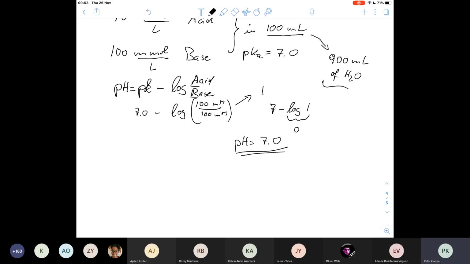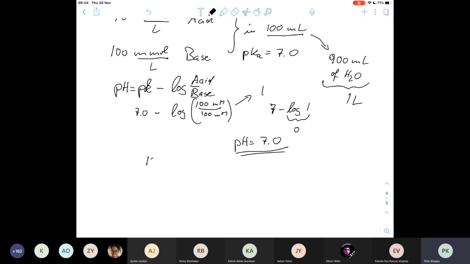What's my total volume then? I get 1 liter, absolutely right. So I diluted the acid and the base. I diluted them by factor 10. So what happens to the pH?